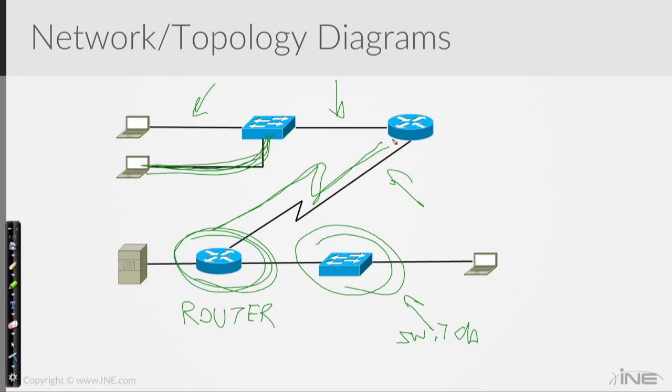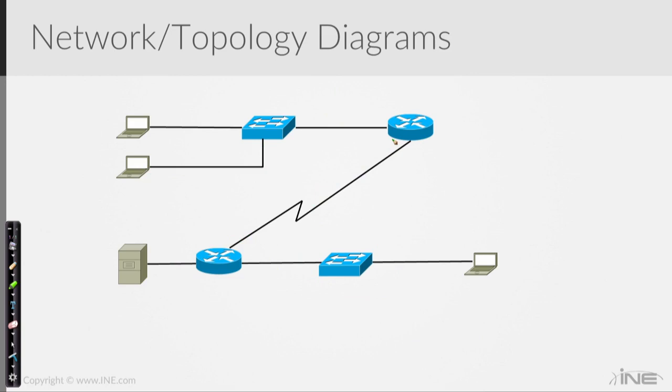Okay, so usually, that's not always the case. Now if you said, well, wait a second, is this a copper Ethernet or a fiber optic Ethernet? There's no way to know by looking at this. A good network topology diagram would differentiate that. They might say red lines are fiber optic and black lines are shielded twisted pair or something like that.